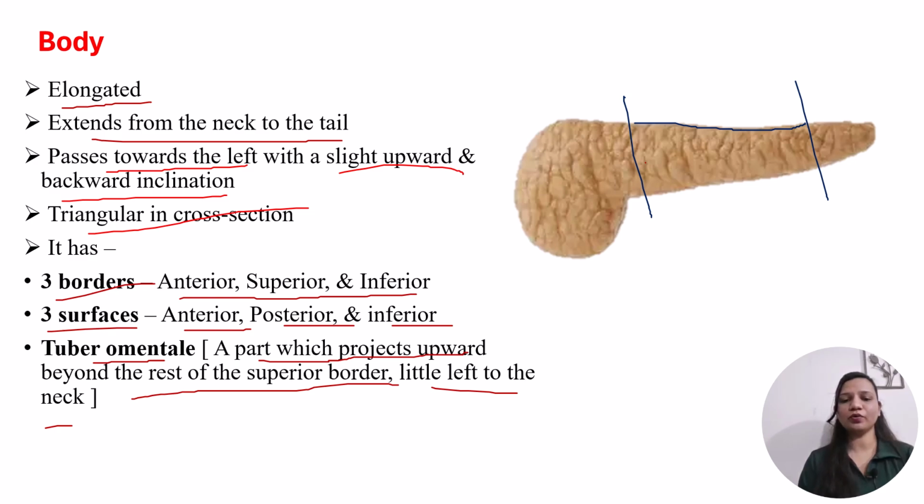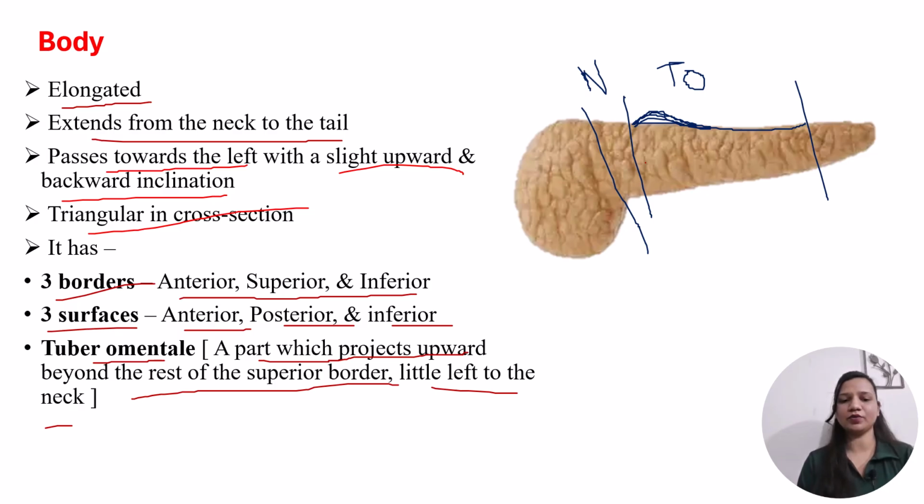If this is the neck of pancreas, then just left to the neck, around here there is a small projection slightly upward from the rest of the superior border, and this projection is called the tuber omentale.